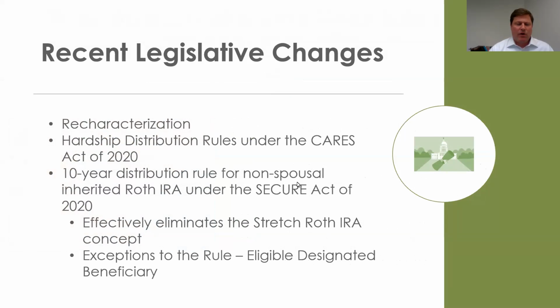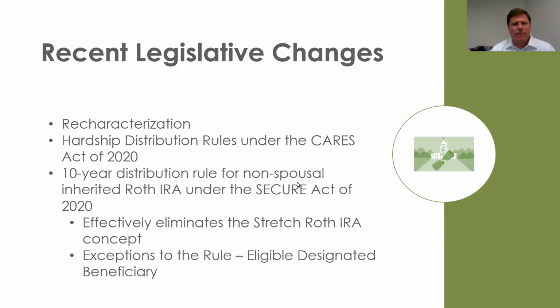But it's partly our job as advisors to also make sure that we're on top of any changes in the law around these particular plans. So I pulled out a couple, 3 here, it looks like, that are really important right now.